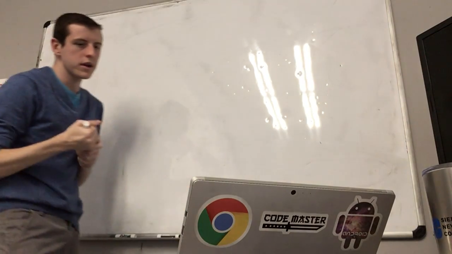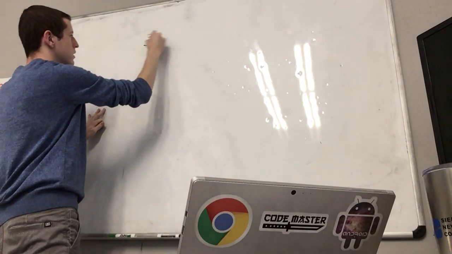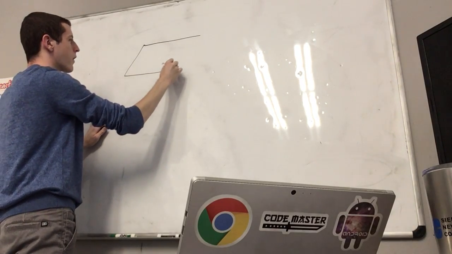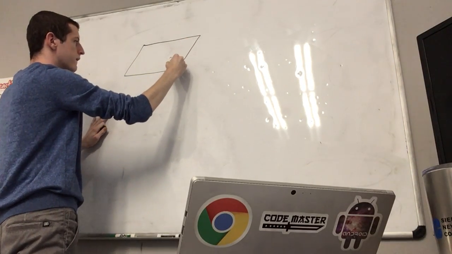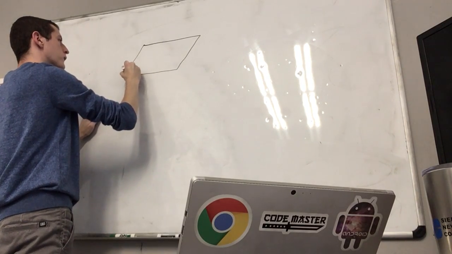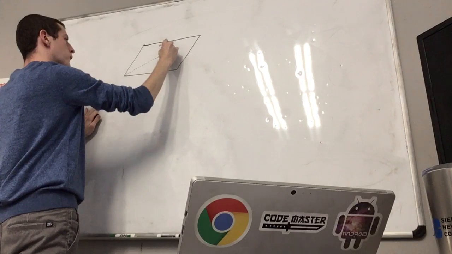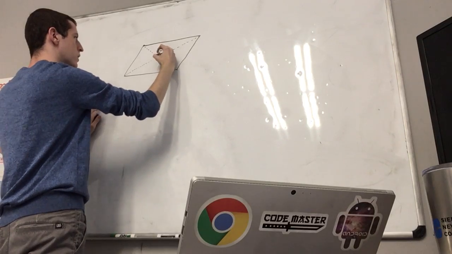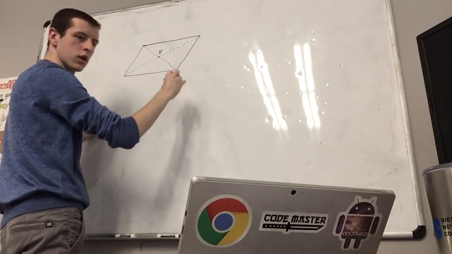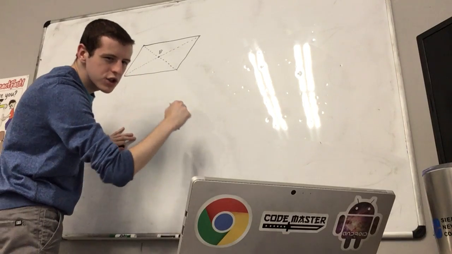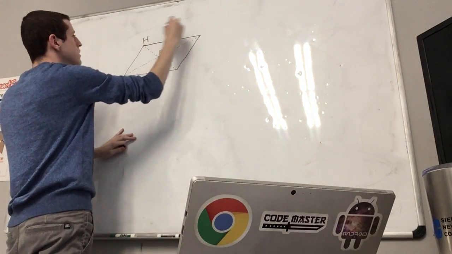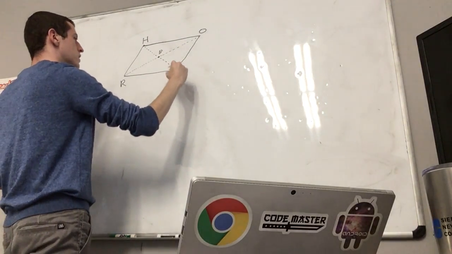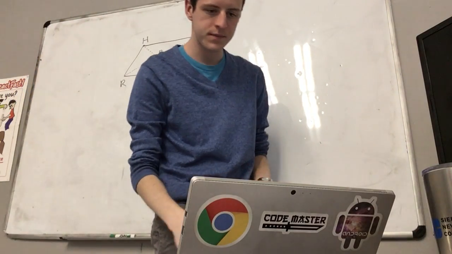Okay, really quick, we're going to do one practice problem. Call these H, O, R and M. Okay, so we're going to do a couple of these.